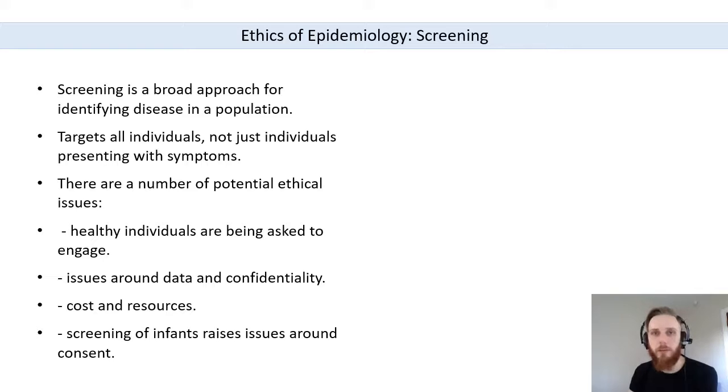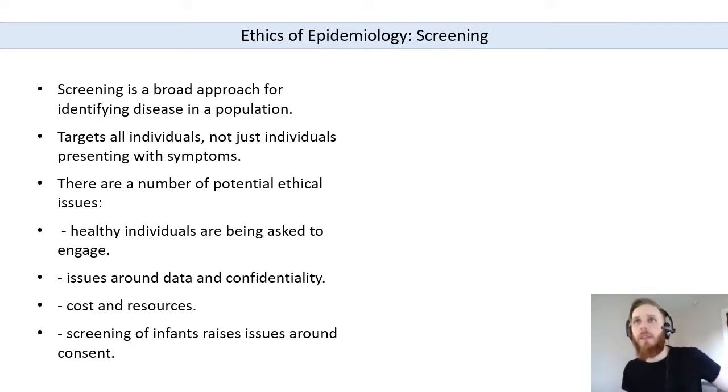It doesn't require an individual to have any suspicion of infection or to be at high risk. Screening is fundamentally for everyone who could potentially be at risk. That's what differentiates screening from diagnosis, really. When we're talking about diagnosis, we tend to be thinking about diagnosing active infections. So there's often a suspicion of infection and then that's diagnosed. Screening, however, is a wide-scale screen of the healthy population to identify any cases that are there.